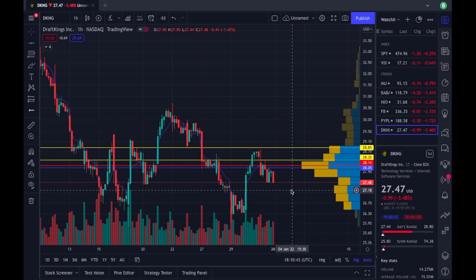It might not be as fast as the people on Twitter who show us these 1,000% gains. That's okay, right? In the long term, if you want to be a successful trader, it's going to take a bunch of compounding. You might get those home run hits every now and then, but more than likely, it's going to be these compounded efforts of 5, 10, 15, 20%. And that's something that's really, really important.